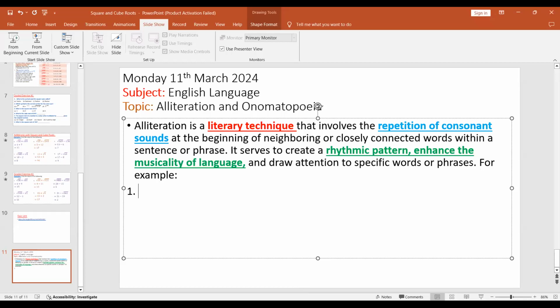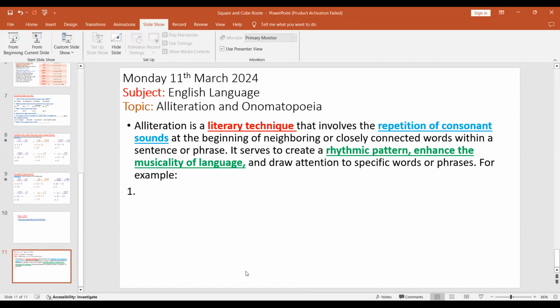Can you see it now? Yes, I can. Okay, good. Something is going wrong with my screen. Can you still see my screen? Yes. Is it still showing the alliteration stuff? Yes, sir. Okay, good.